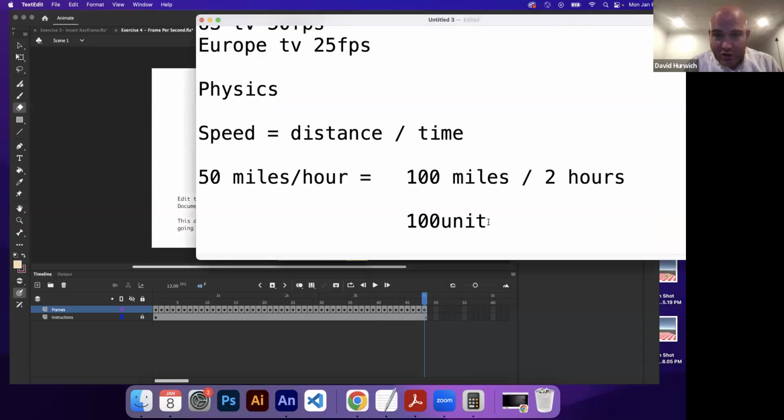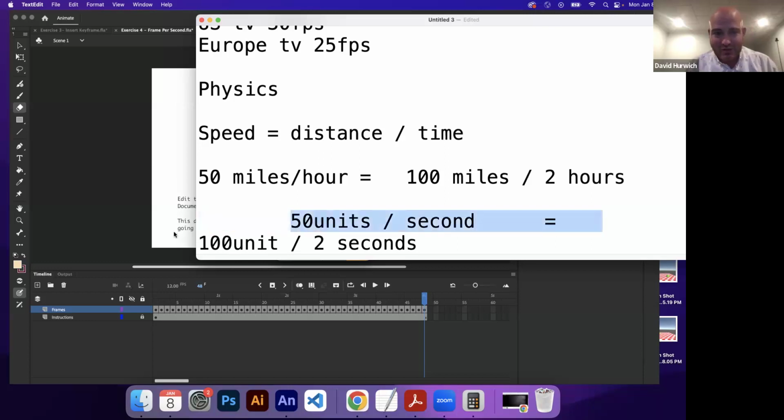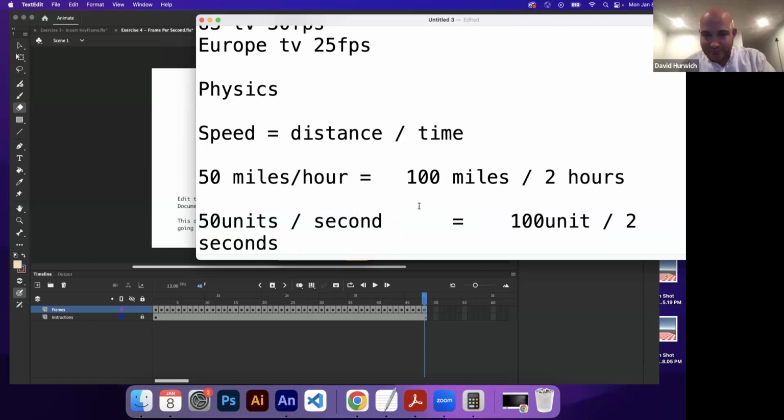So you took the distance that it went and divided it by 2 seconds. This is the original one. So it went 50 units per second, give or take. Hopefully this is making sense.